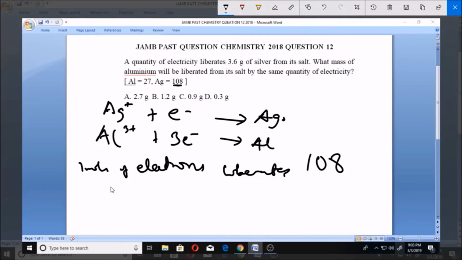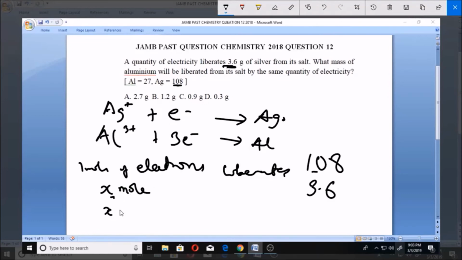So if 1 mole liberates 108, now how many moles, x moles, will liberate 3.6? The quantity of electricity we are talking about is actually x mole. So you have 1 mole liberating 108, x mole will liberate 3.6. So make x the subject of the formula.